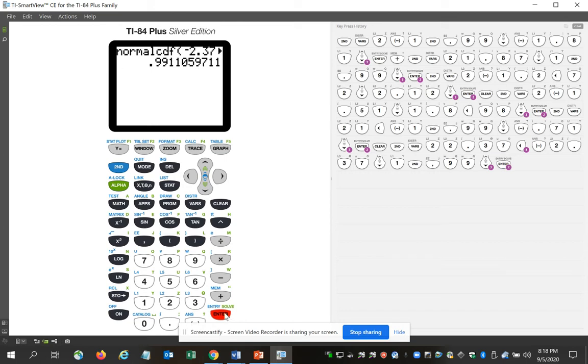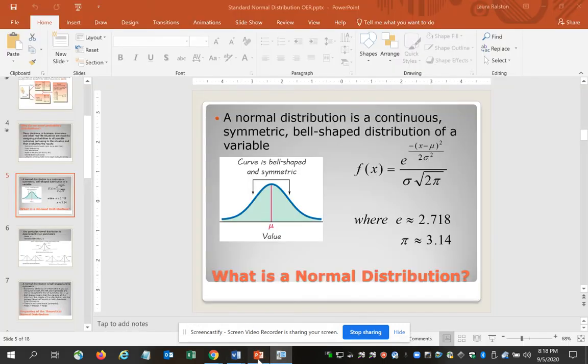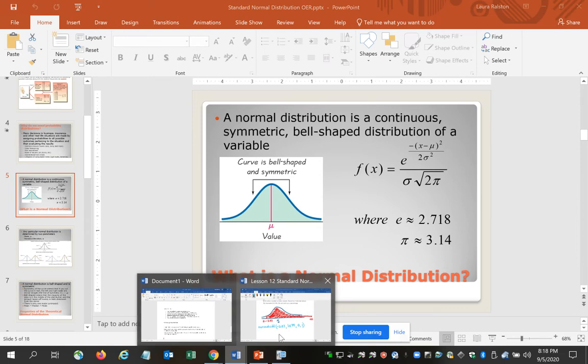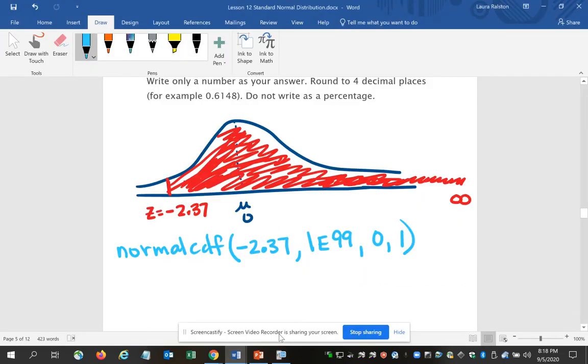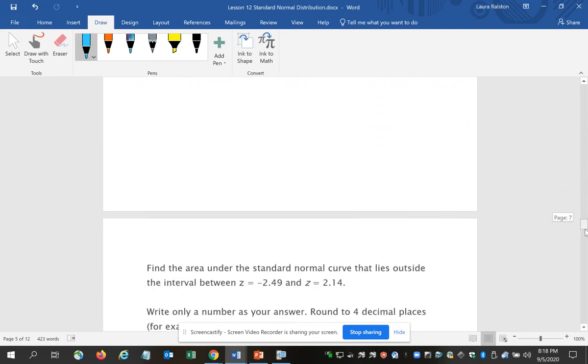We get 0.9911, and it keeps going. Sorry about that. I get 0.9911. So the probability that I get a z-score greater or to the right of negative 2.37 is 0.9911.